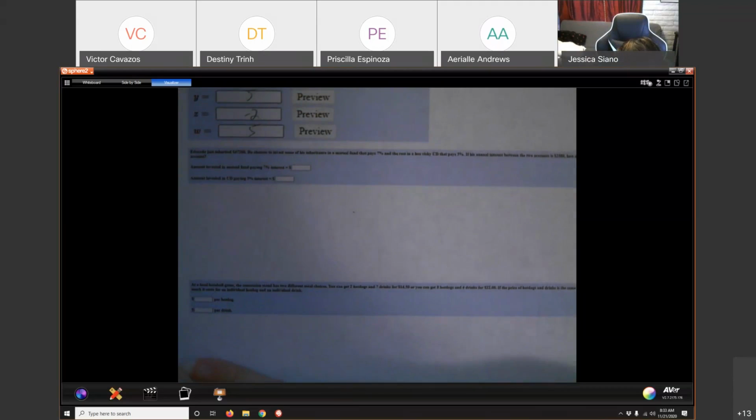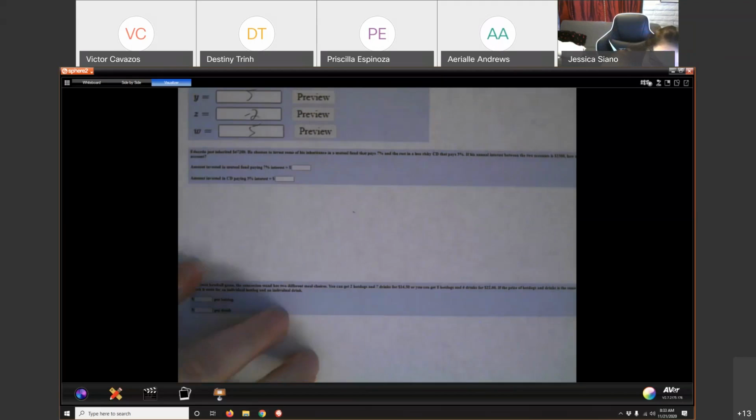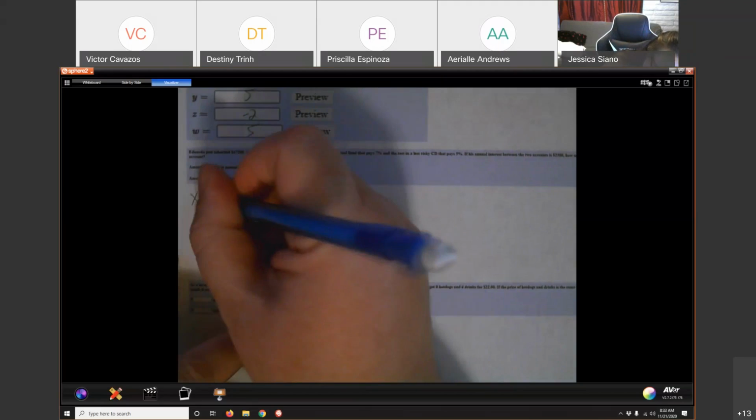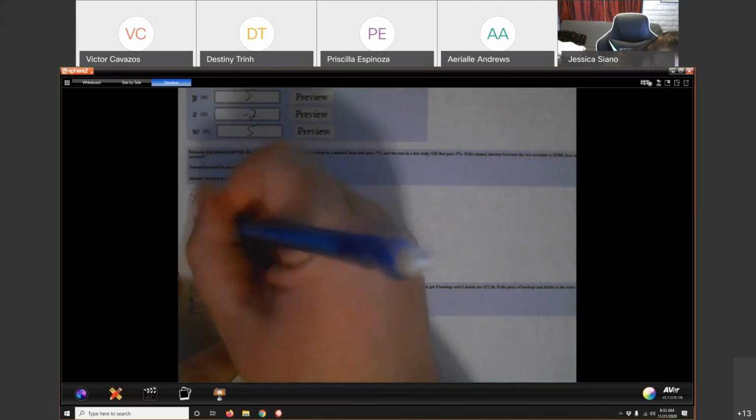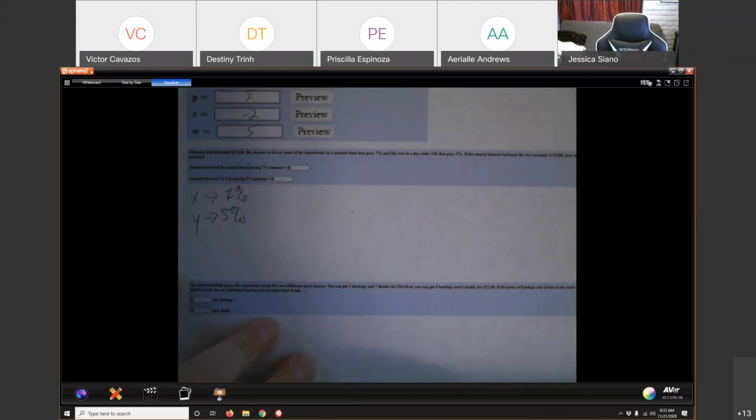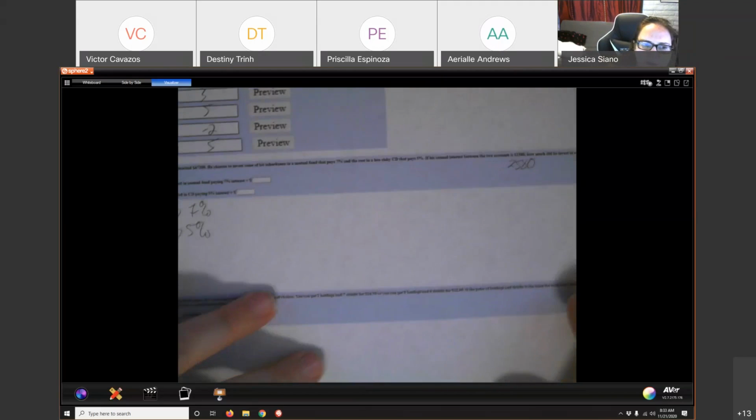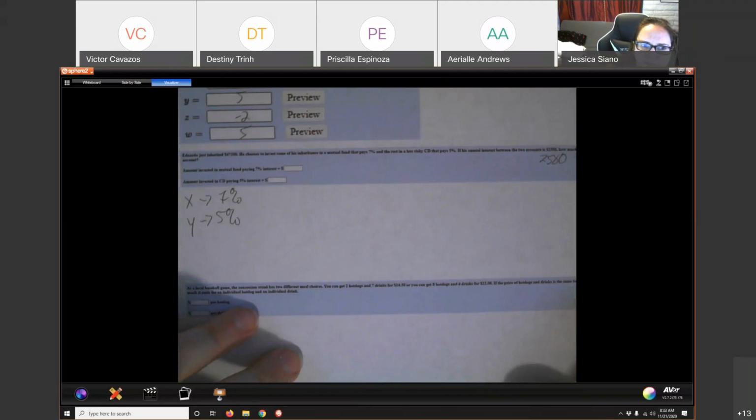Eduardo just inherited $47,200. He chose to invest some of his inheritance in a mutual fund that pays 7%, and the rest in a CD that pays 5%. So we'll say that X is in 7%, and Y is in 5%. If his annual interest between the two accounts is $2,580, well, this is just a system.